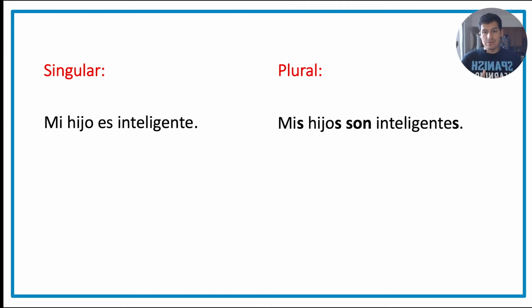Mis hijos son inteligentes, for instance. We have the word son because the subject, mis hijos, is the third person plural. So we have to change es for son because now we are speaking about multiple objects.